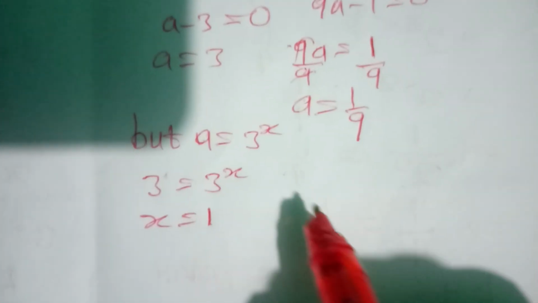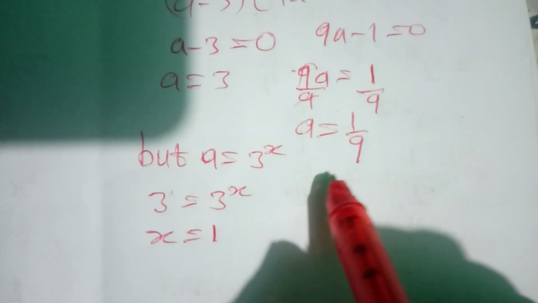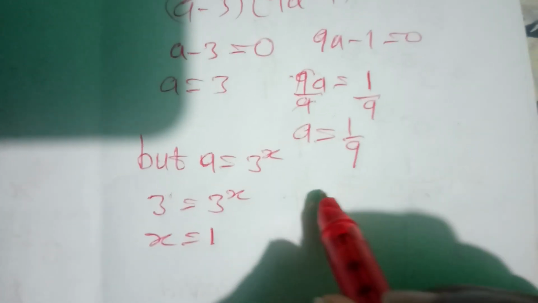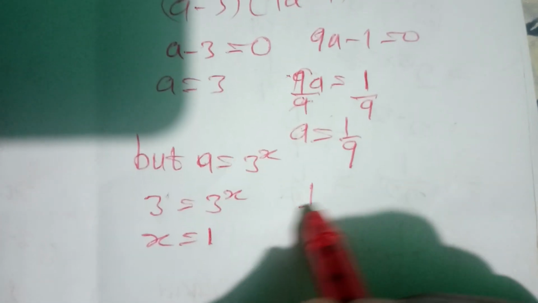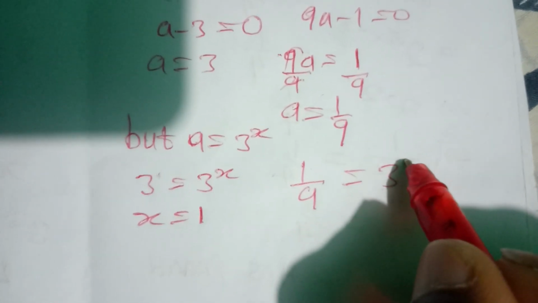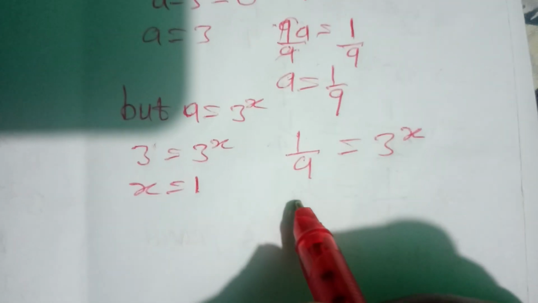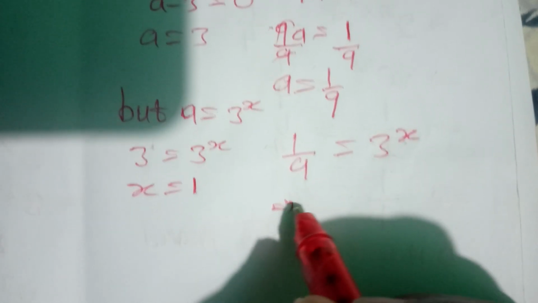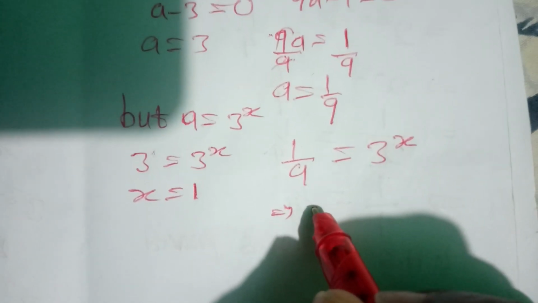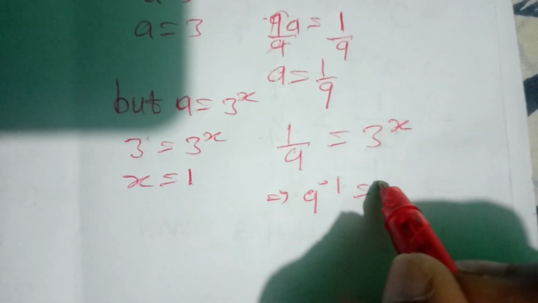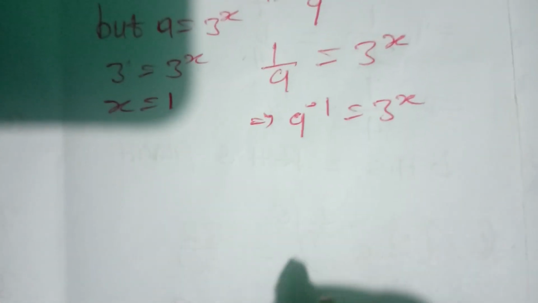So simply, we are getting the value for x here to be 1. Now, let's consider the other case where a is equal to 1 over 9. By doing the substitution, we're going to have 1 over 9 equal to 3 exponent x. So here we can rewrite 1 over 9 as 9 exponent negative 1 equal to 3 exponent x.